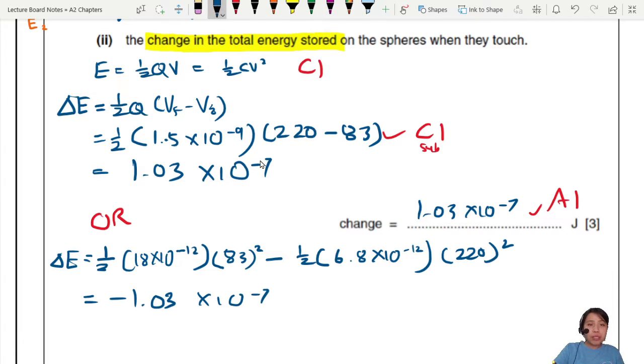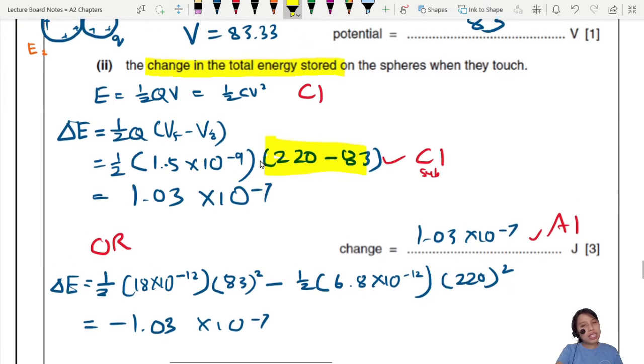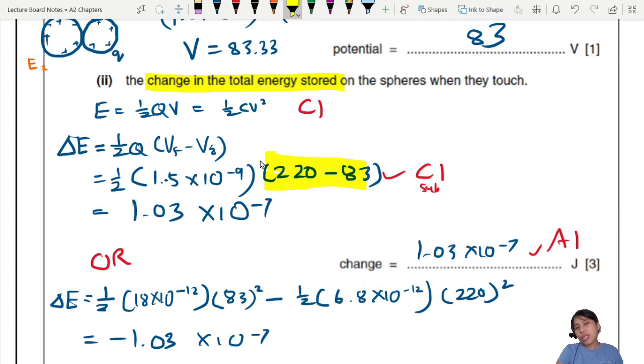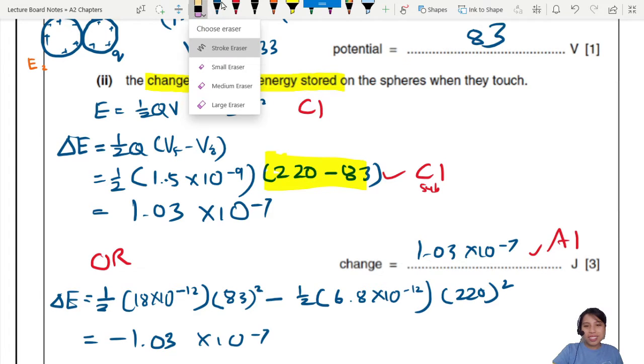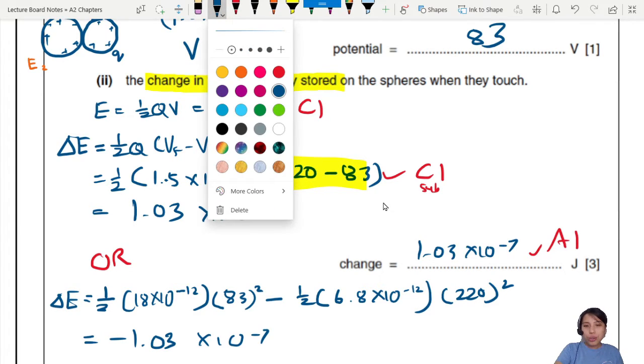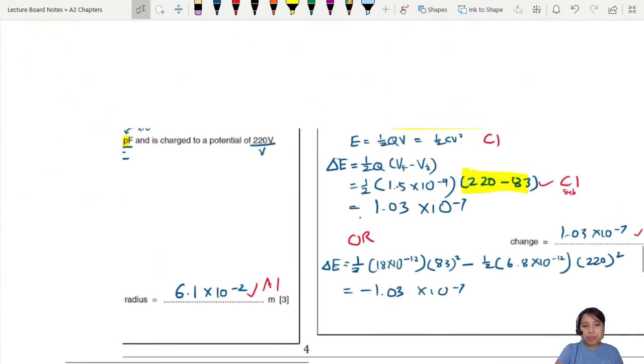If I'm saying, Miss, why don't the first one got negative? That's because I swapped. I said initial minus final, just because I don't like negative sign. But if you want to be strict, you say final minus initial lor. Okay lor, we write final minus initial. Then you get a negative 1.03. Right? So that's the end of this question, I would say. Yeah, alright.